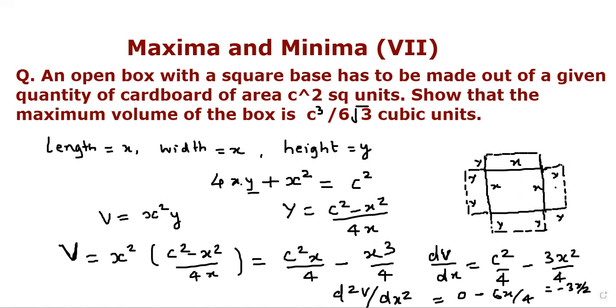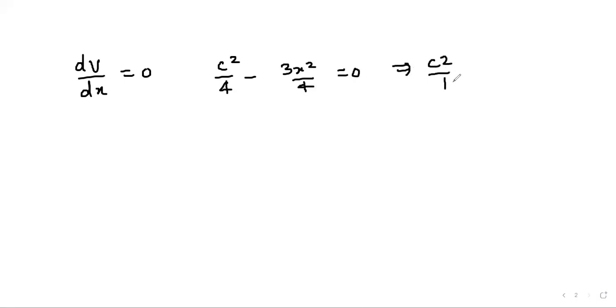So when we write dV upon dx equal to 0, that is c squared by 4 minus 3x squared by 4 equals 0, or c squared by 4 equals 3x squared by 4, from where 4 will cancel out, and we can get the value of x, that will be c divided by root 3, because x square equals c square by 3, and taking the square root, we are taking the positive value.